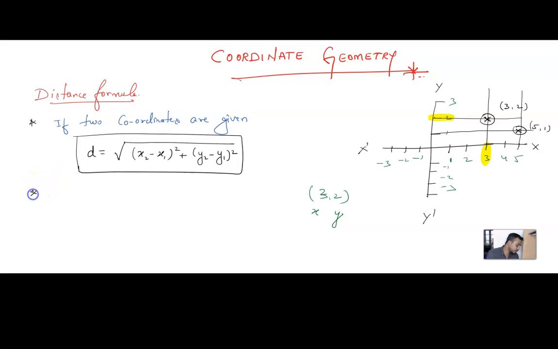And the next condition is, what is that? We have to find the distance between the center of maybe a circle or anything. Here we call it the center of the circle. Example, let me say this is a circle and this is the center of that.